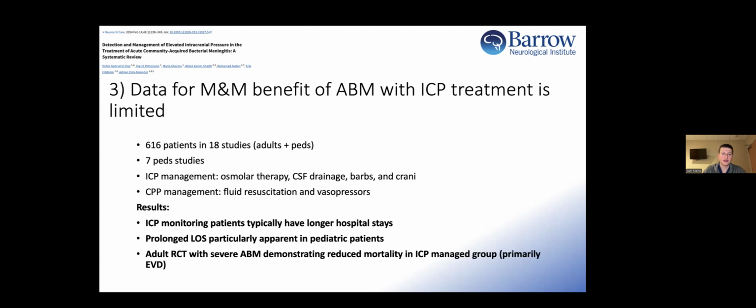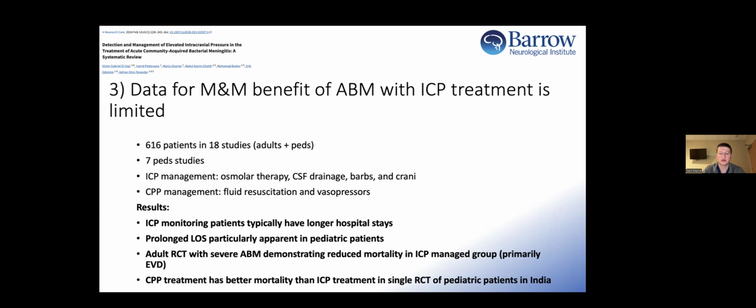There was a few randomized control trials, or a single randomized control trial for the treatment of adults with severe acute bacterial meningitis that demonstrated a reduced mortality in an ICP managed group. This was primarily through the use of an EVD. There's really only one impactful study in the pediatric literature.